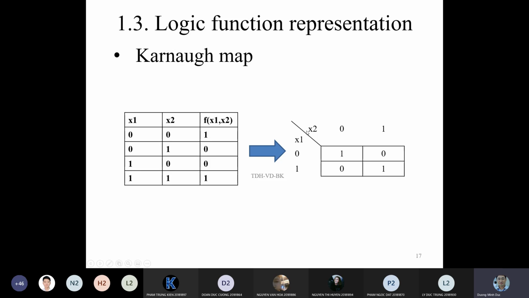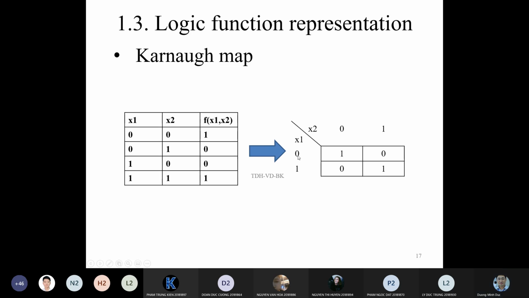And for x2 we use two columns. The first column corresponds to x2 equals 0, and the second column corresponds to x2 equal 1. So instead of writing down x1 x2 here, we make a 2D table, and one side is for x1 and one side is for x2.